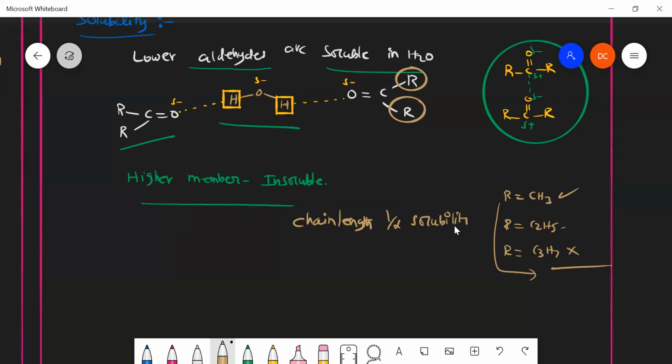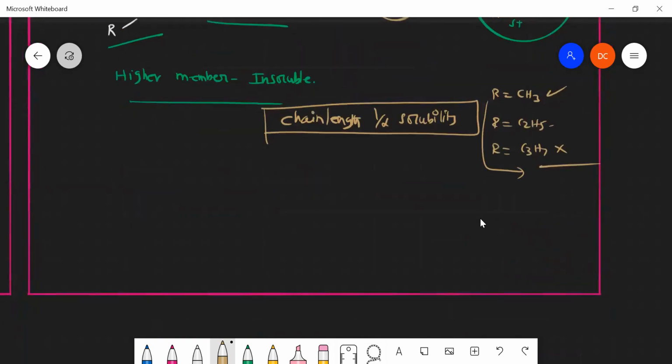Chain length is inversely proportional to solubility. We already discussed the same concept in the alcohols chapter. So lower members are soluble in both water as well as in organic solvents. This is also a very important condition.